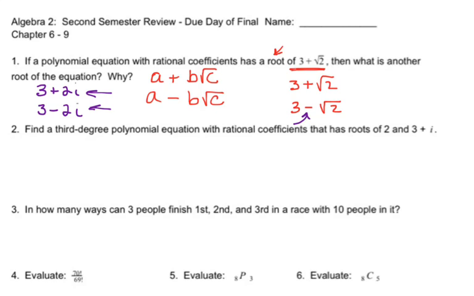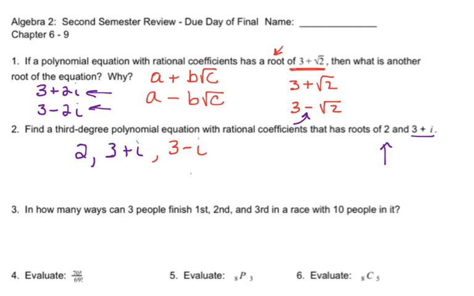Number 2 is a little bit tougher. Find a third degree polynomial equation with rational coefficients and solutions 2 and 3 plus i. So right away we know 2 is a solution, 3 plus i is, and because of the previous problem, 3 minus i is also a solution.